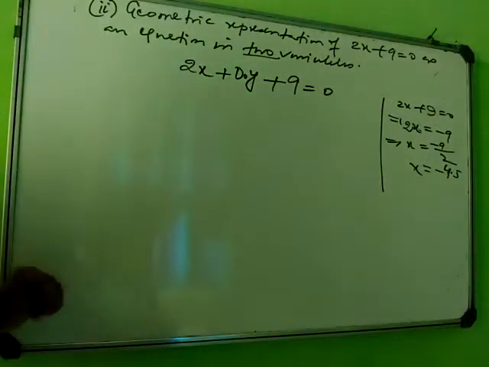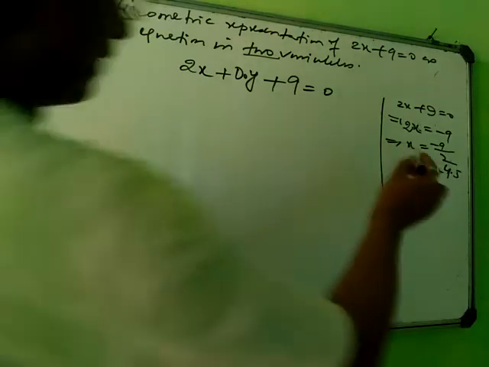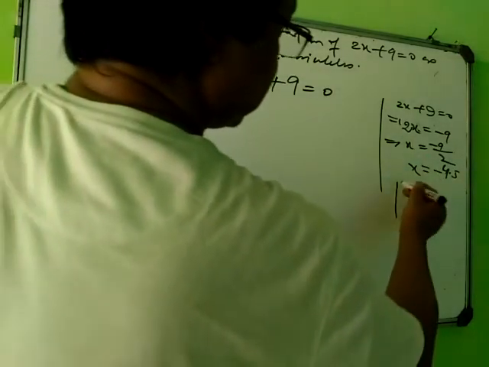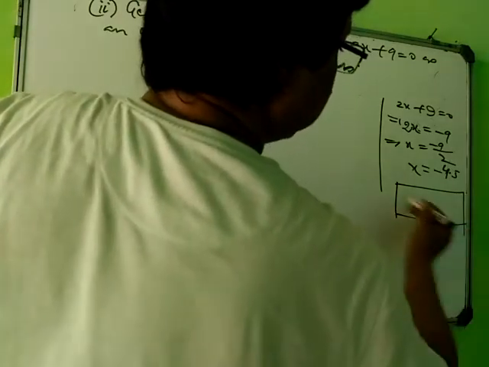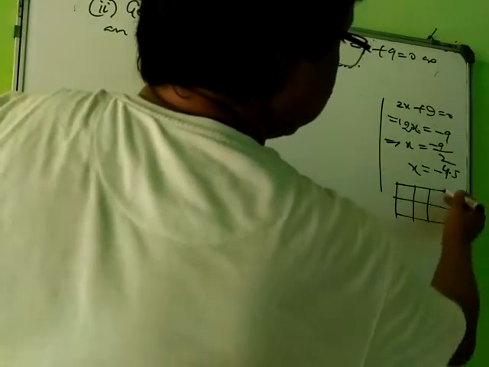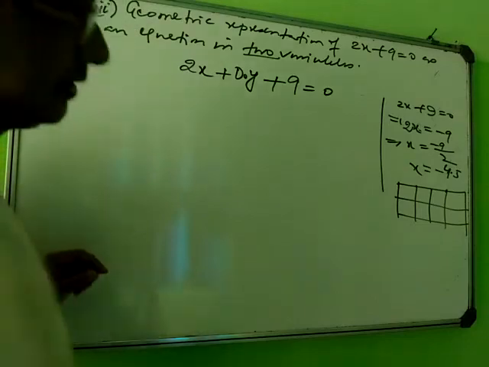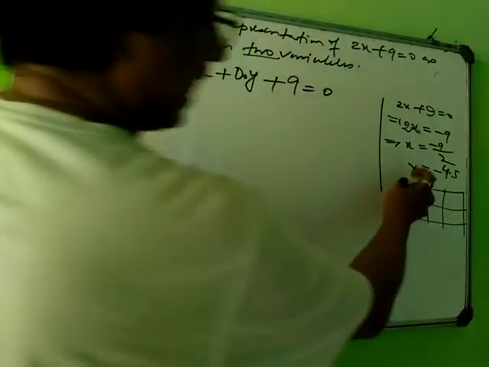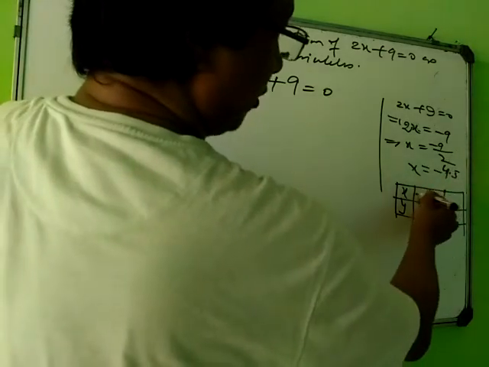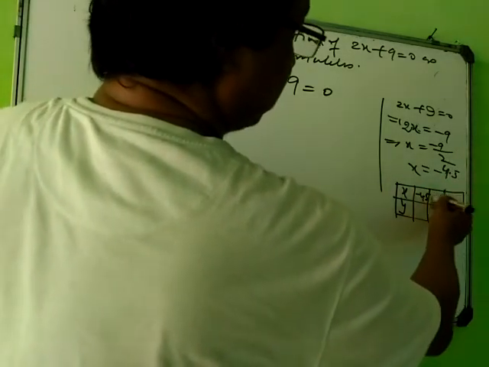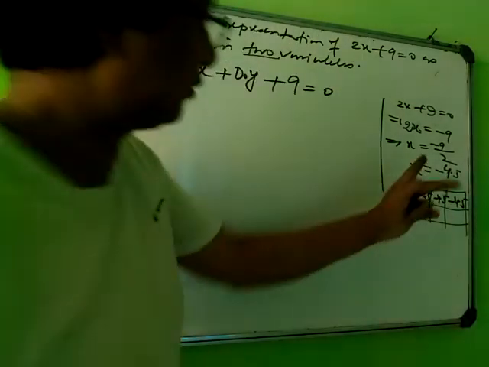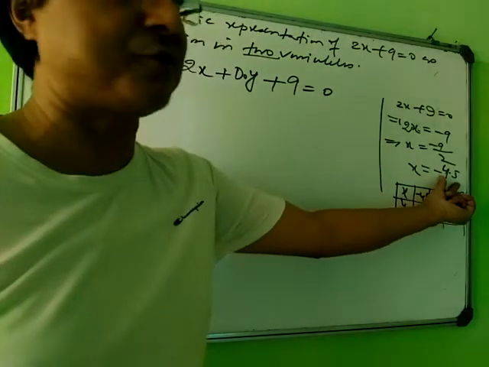So that means if you do it graphically now, all the values of x will be minus 4.5, but y you can take any value as you like, but x is fixed, so x will be always minus 4.5, because x is given as minus 4.5.